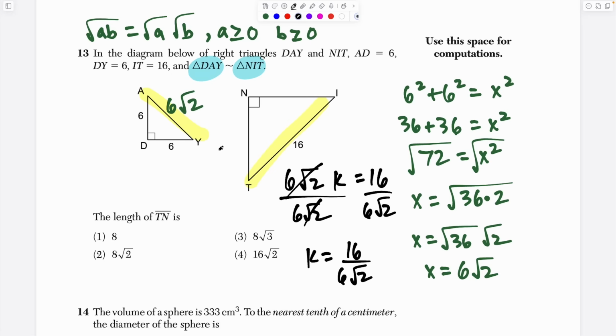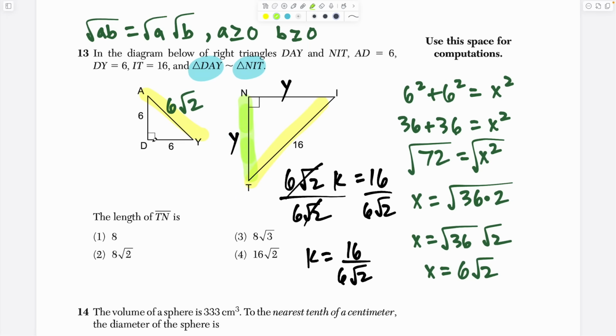So when I want to look for the length of TN, for this side here, maybe I'll just put the letter y. I know that these two segments are going to be the same because if these two sides are the same over here, then these two over here I could just say are y and y like this. So the corresponding sides here, I'm looking for the length of TN.